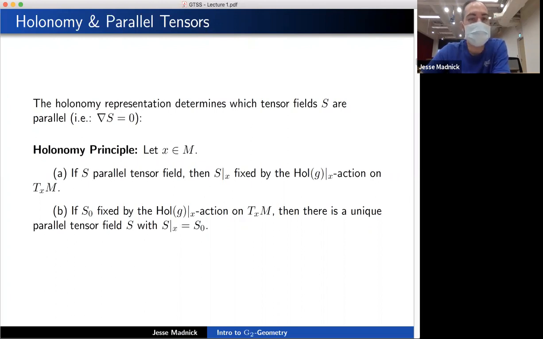And conversely, if you have a tensor at a point which is fixed by the holonomy action, then you can extend it uniquely to a parallel tensor field on the whole manifold. Okay, so again, this applies to vector fields, covector fields, differential forms. There's also another statement for spinor fields, but I won't state it.